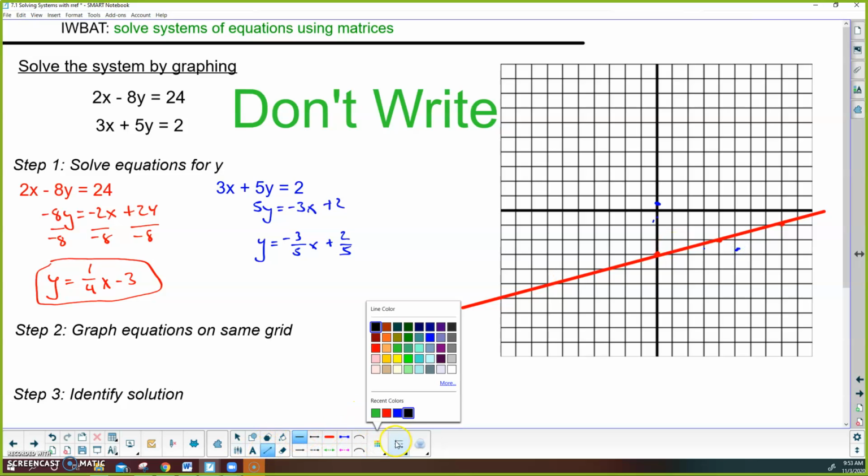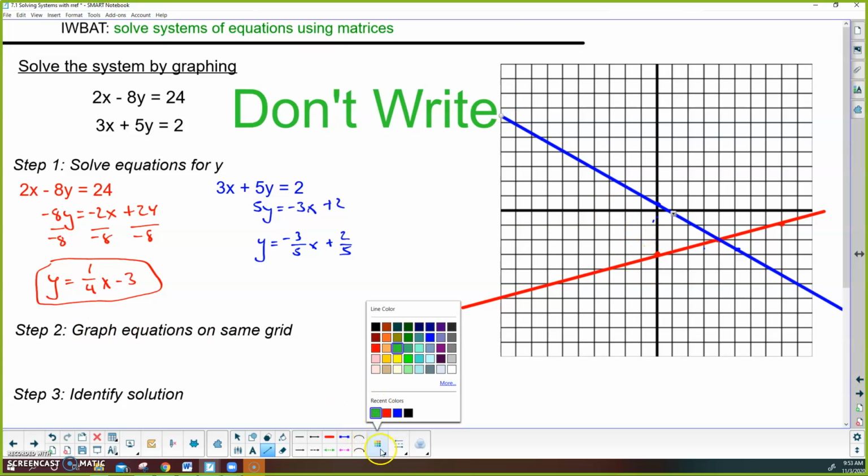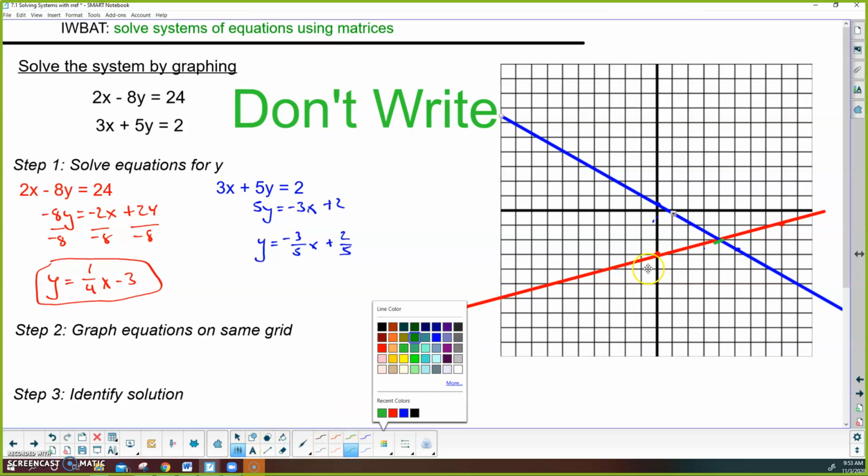If I was going to do this a little better, I would have a better system. But what do we get? Anytime we graph two equations, if they cross at a point, now, this might not be the best possible location.